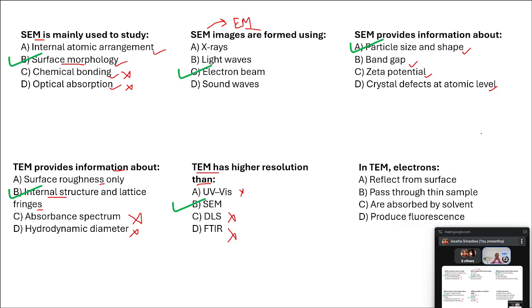We saw in that image the path of the electron beam, how it passes from the source and through the sample. In TEM, it passes through the sample and it's the transmitted forward electrons that are used to reconstruct the TEM images, and in SEM there was formation of a 3D image with the help of backscattered and secondary electrons. So the correct answer would be pass through thin sample. It passes like this, if this is the sample, and the image is created here.